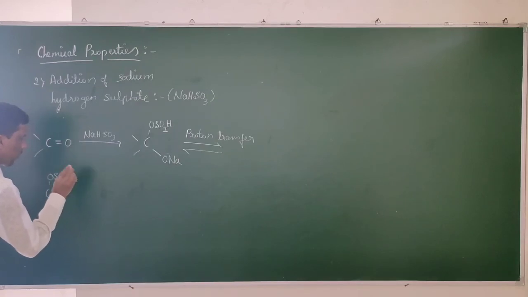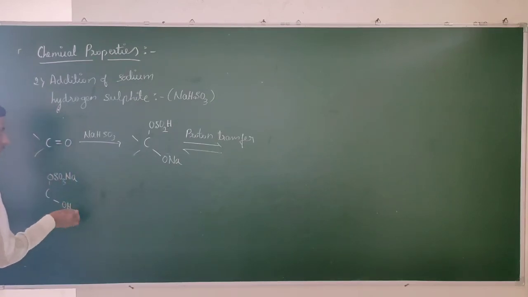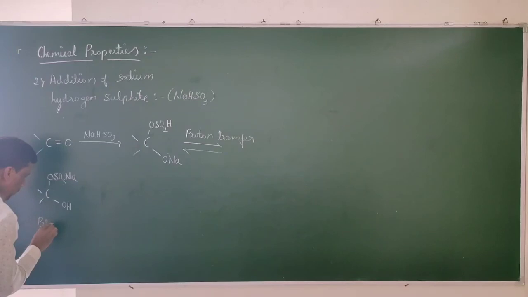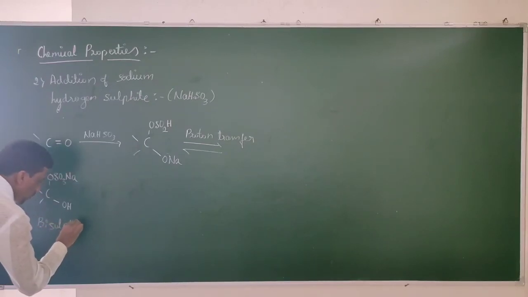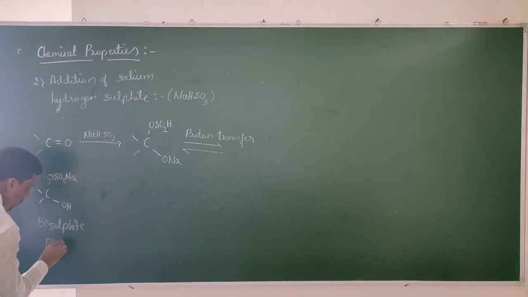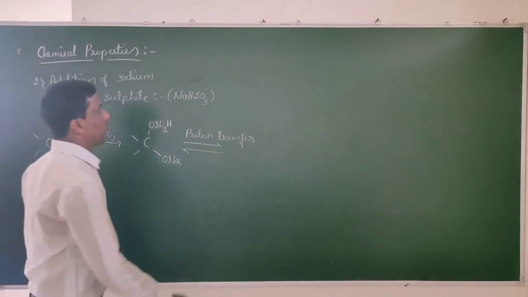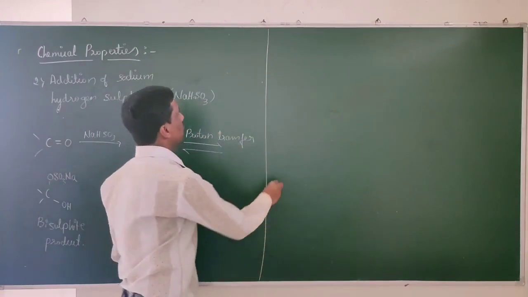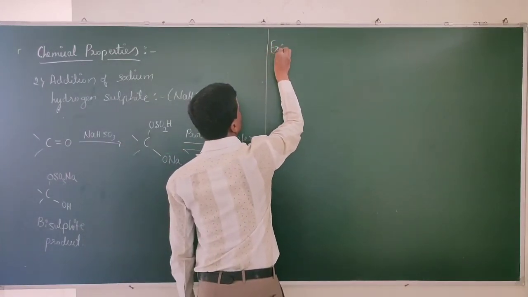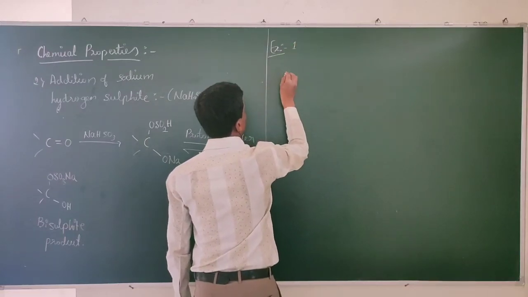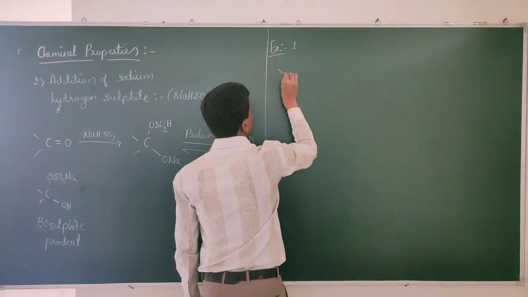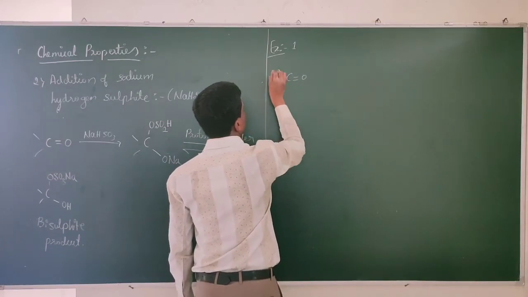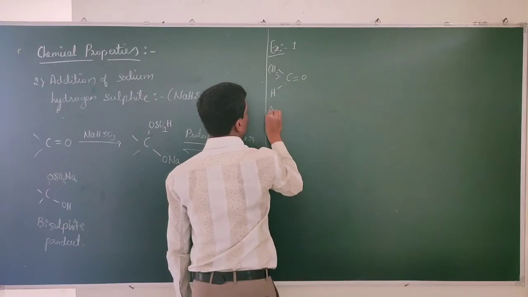OSO3Na plus OH. This is the sodium bisulfite product. Bisulfite product. Let us consider two examples here. Example number 1. Acetaldehyde.